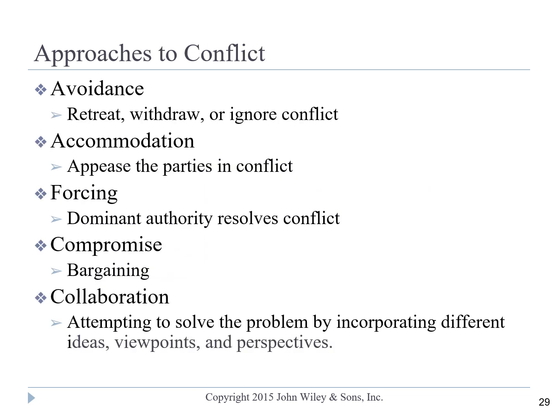There are a number of ways we can deal with conflict. As we mentioned, we can avoid conflict by basically ignoring it and retreating or withdrawing from the situation and hoping for it to get resolved by itself, as we have talked about. That typically does not happen.